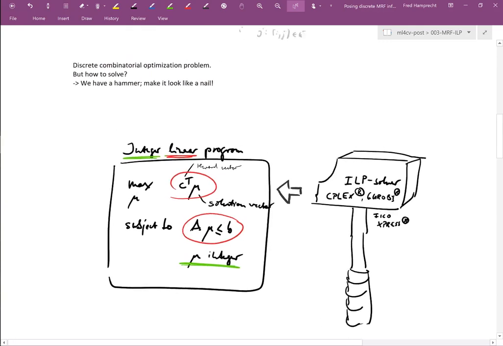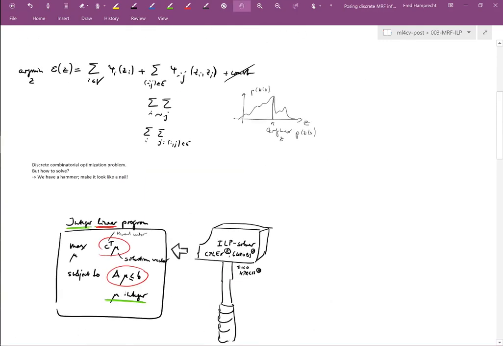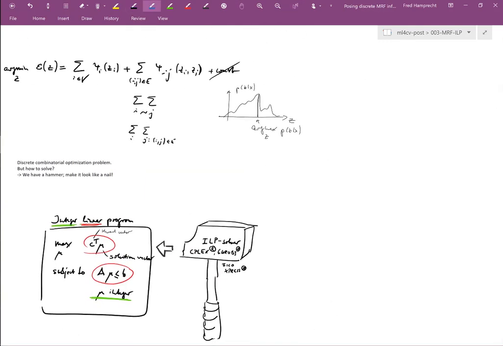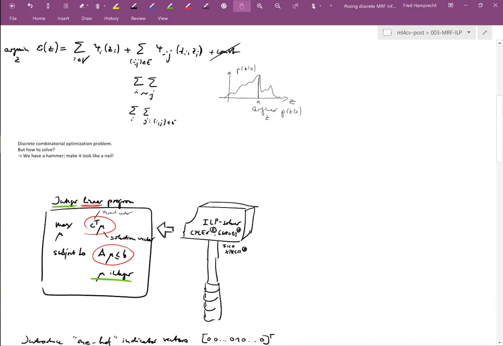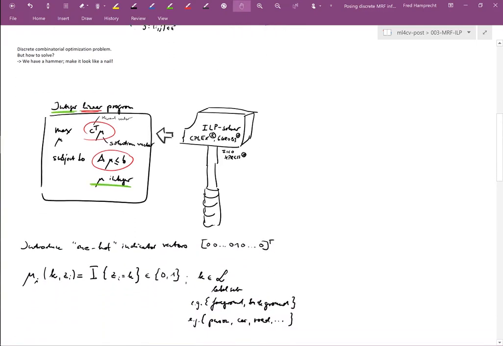So if we manage to rewrite this in the shape of that, on the one hand, we have not won anything at all. We've just reformulated the very same problem. But on the other hand, we have won something because we have this hammer. Yeah? So if our problem has the right shape, then we can apply this hammer.